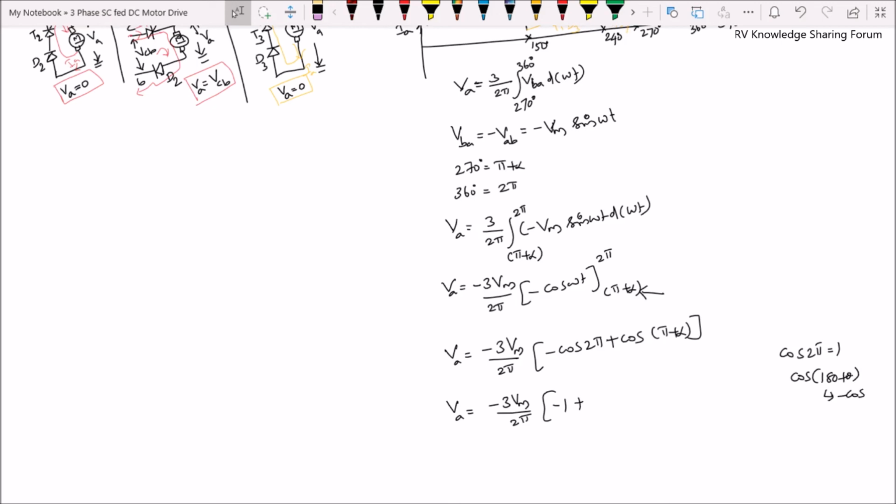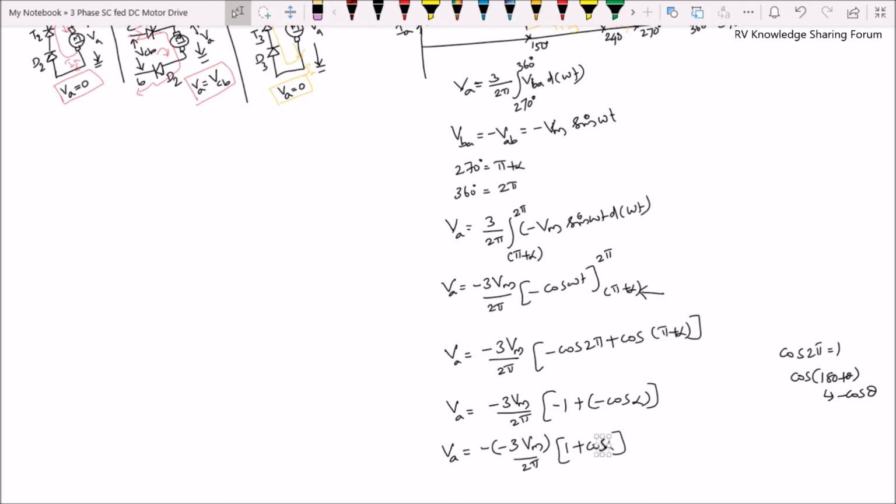Therefore here it becomes minus cos alpha. That means VA is equal to, taking minus as a common term, minus 3 Vm by 2 pi into 1 plus cos alpha.